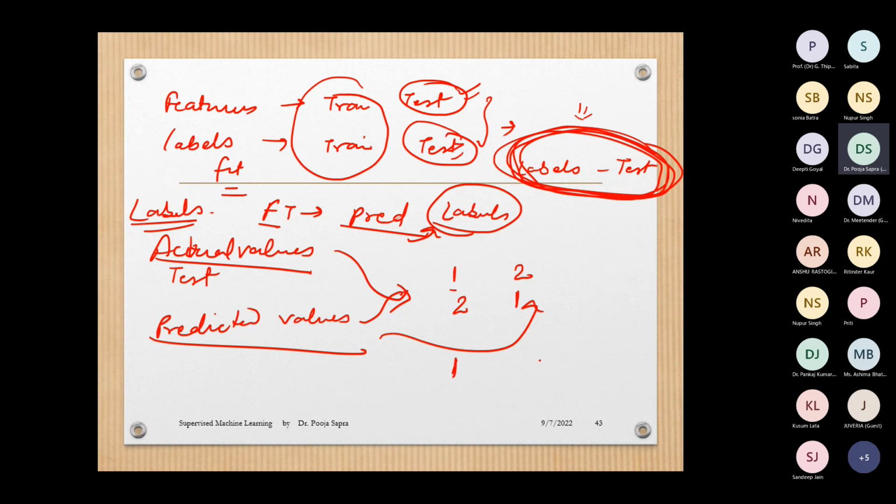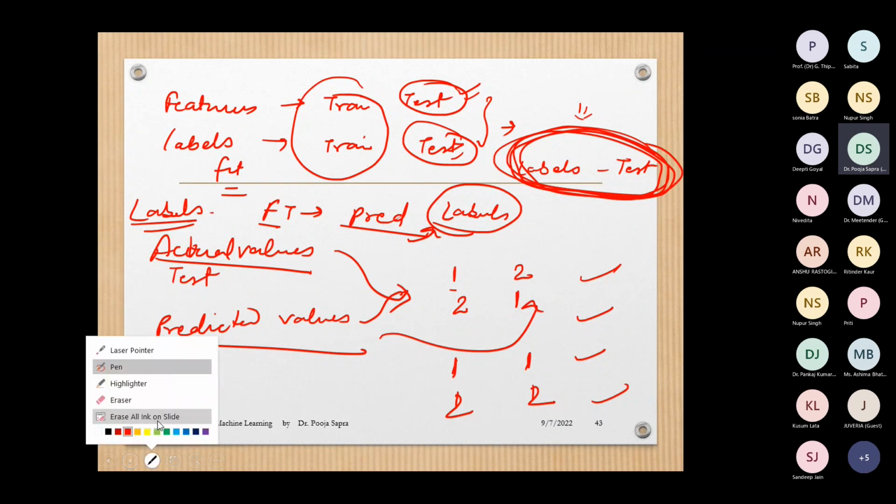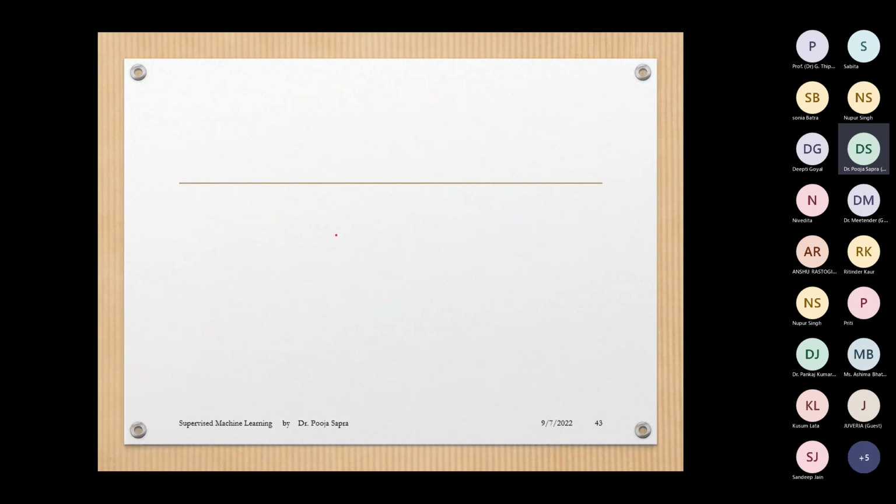It may happen actual value was also yes, predicted was also yes, and it may happen actual and predicted both were no. So these 4 sets of values we may get, means there may be values which are matching with the actual values, the predicted values are same, and there may be some values which are not same. This particular matrix will tell me how many values are correctly predicted, means whatever was actual value, that is predicted correctly. So this matrix is called as confusion matrix.